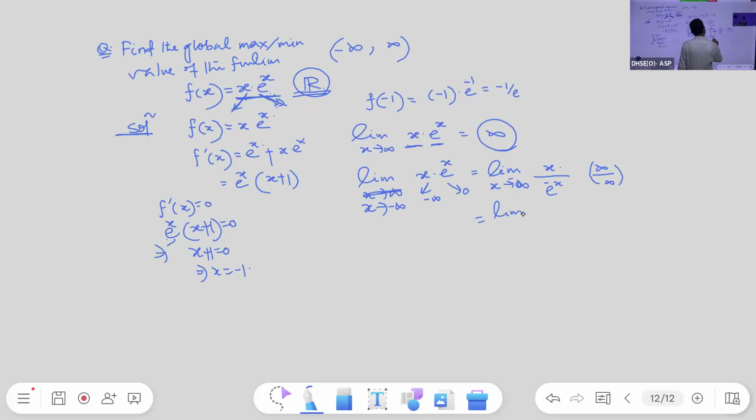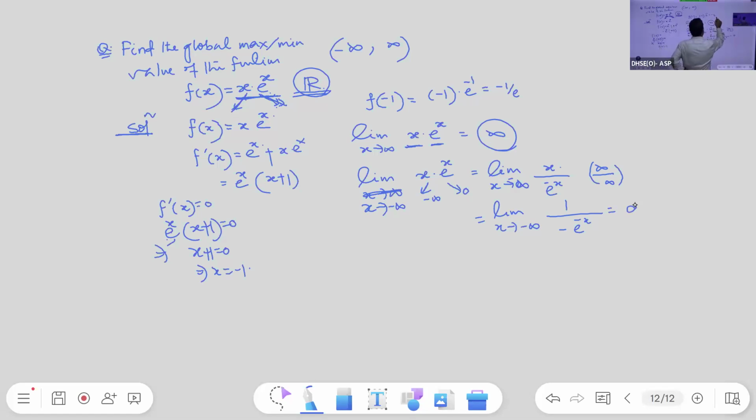Limit extending towards -infinity. Apply L'Hospital's rule. Derivative of x is 1, upon derivative of e power minus x, minus e power minus x. Okay. When x approaches to -infinity, minus x approaches to infinity, e power infinity approaches to infinity, 1 upon infinity approaches to 0. This value approaches to 0.